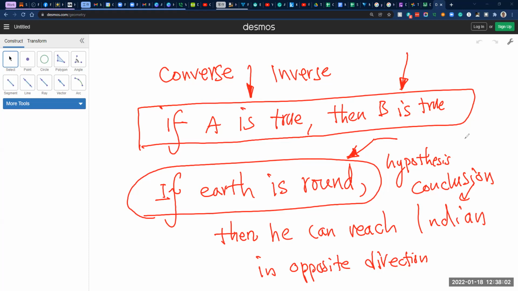Now the converse is basically saying the other way around.